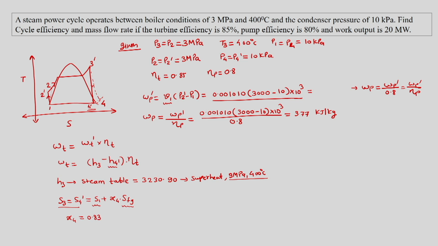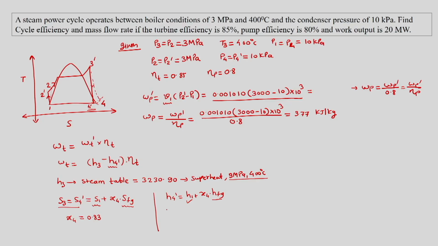Now knowing this, we can find H4', which is equal to H1 plus X4 into HFG, where H1 is the enthalpy corresponding to saturated liquid at 10 kilopascal, and HFG is again the latent enthalpy at 10 kilopascal.